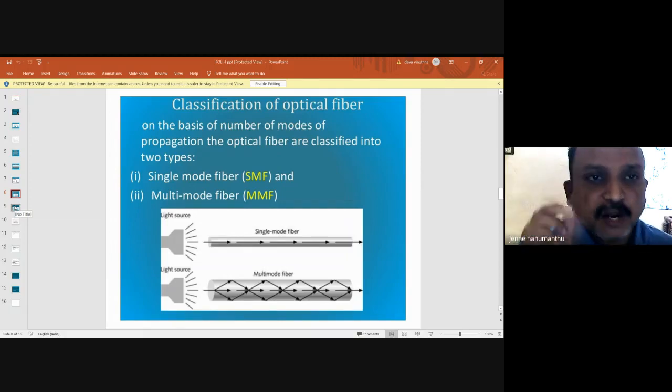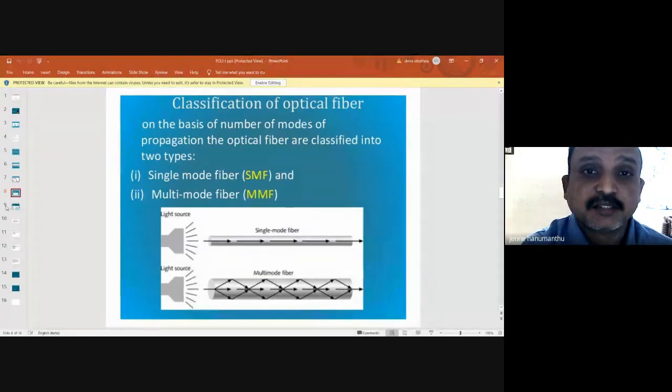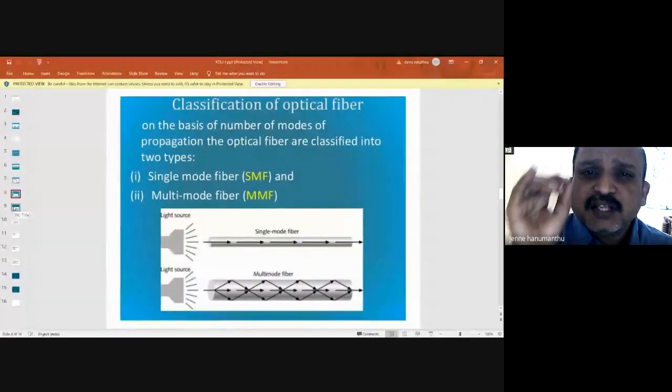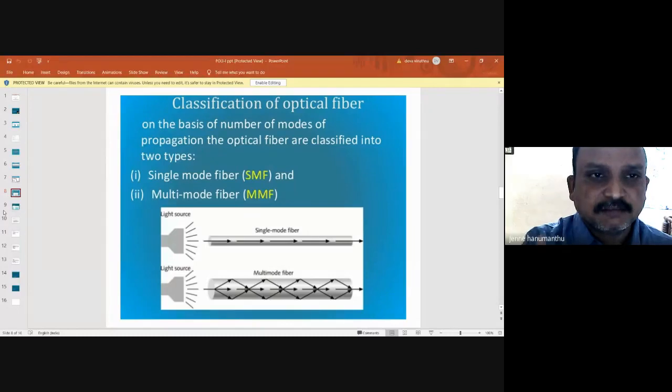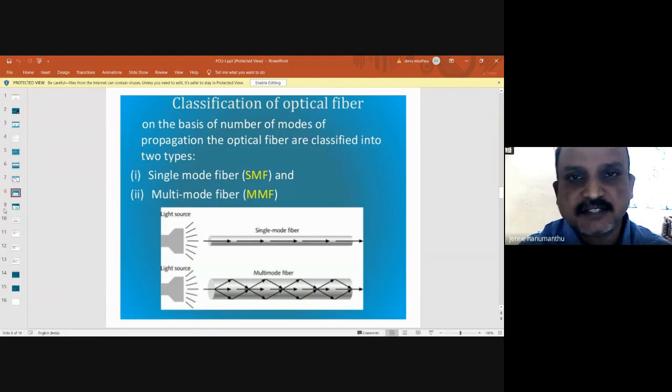It is a loss. So the main disadvantage with the multimode fibers are pulse spreading, group delay problems, pulse broadening problems. Simply, there is a loss in the light signals, mixing of the light signals.